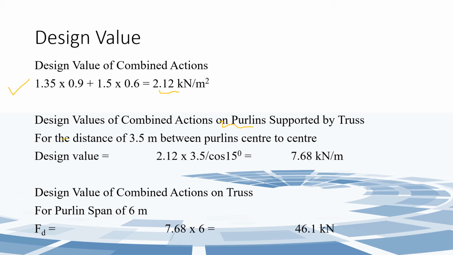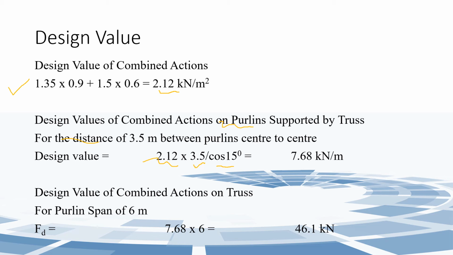Therefore, the design value is 2.12 from the design value of combined actions times 3.5 distance between the purlins divided by cos 15 degree pitch, and you will get the design value action on purlin of 7.68 kN per meter.